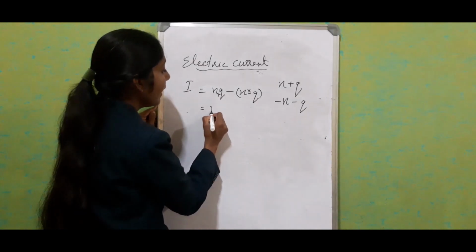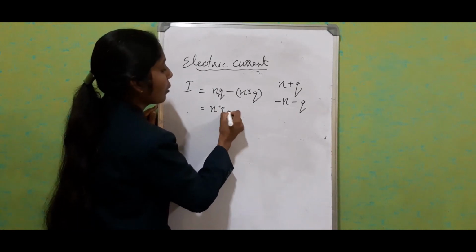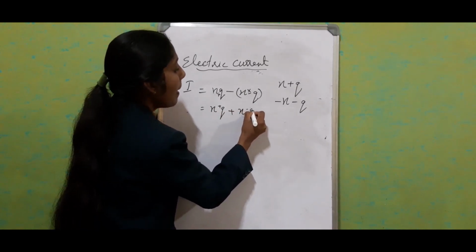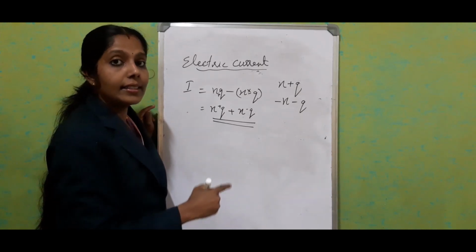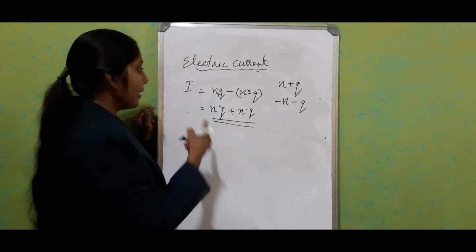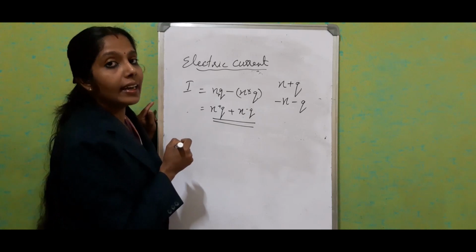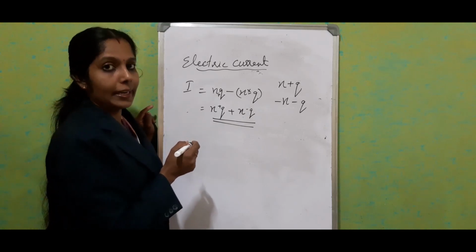Or we can say N into plus Q plus N into minus Q. So the total number of positive ions and negative ions will give the current in the case of an electrolyte.